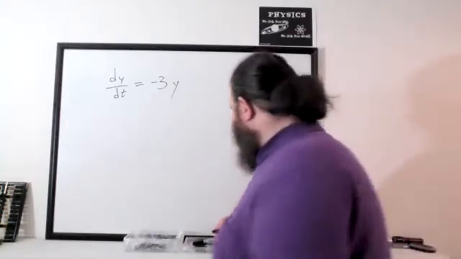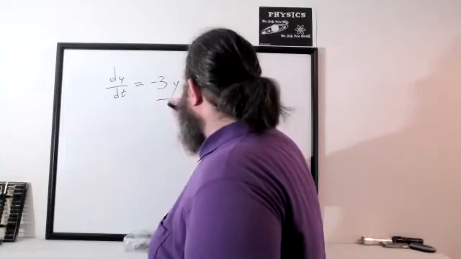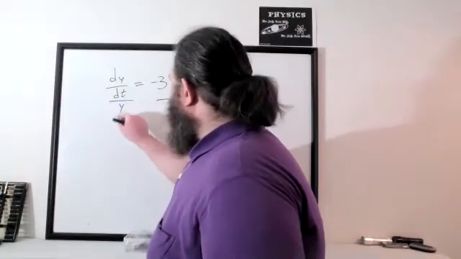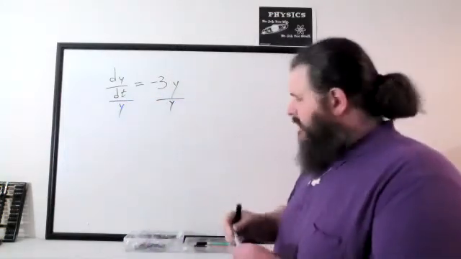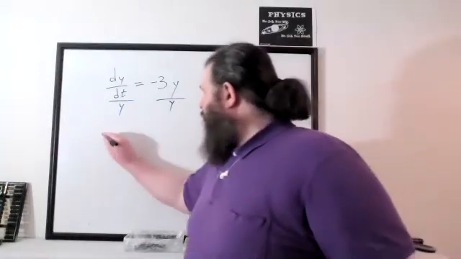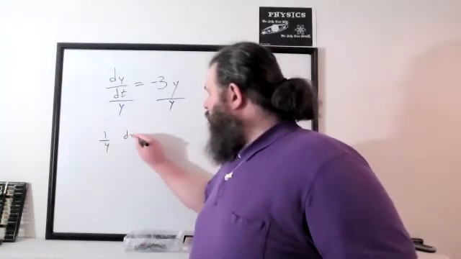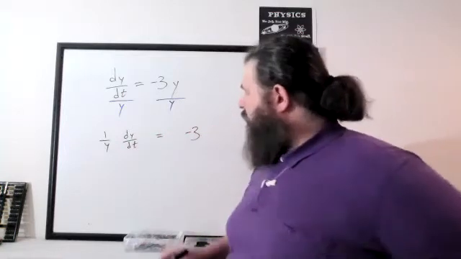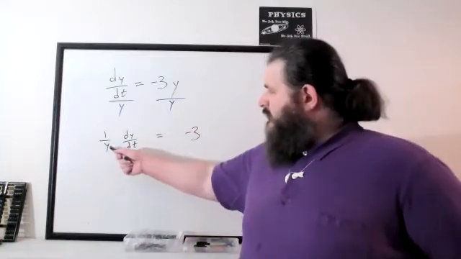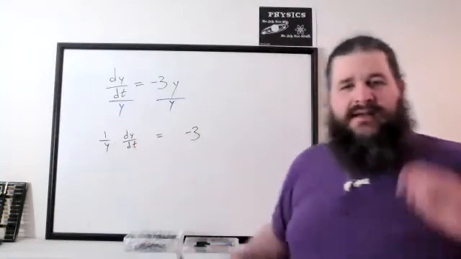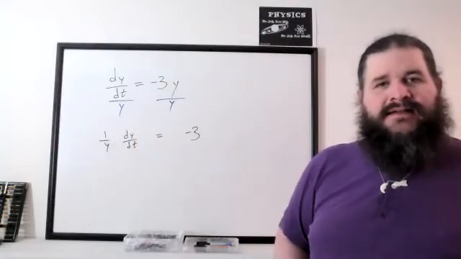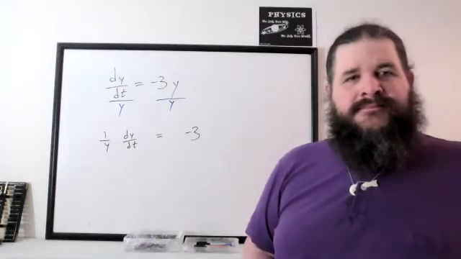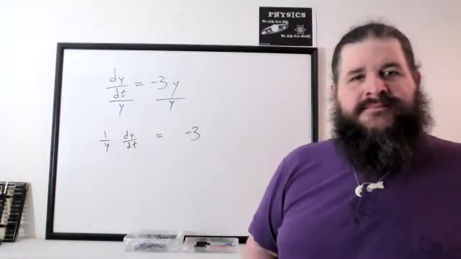Yeah, if we start by dividing both sides by y, that at least gets rid of the y on this side. Then we'll have 1 over y dy/dt equals -3. Problem is we still have a mixture of y and t on this side. Is there any way we could get rid of that dt? You multiply it on both sides.